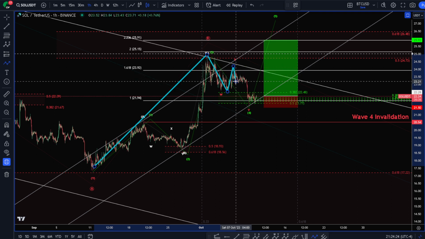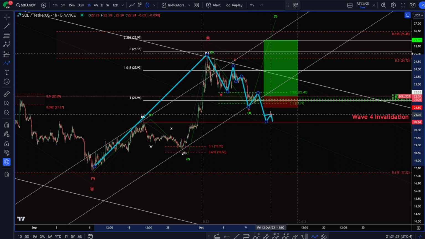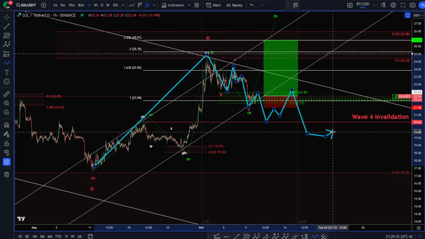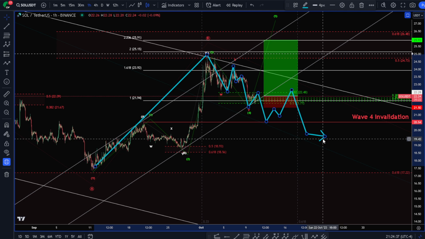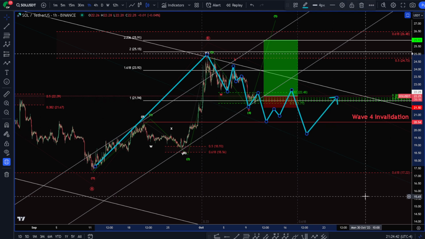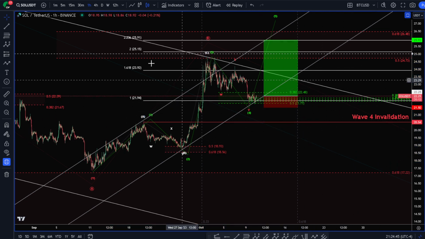Then we had a 1, 2, working on our 3, working on our 4th, 5th for our 3rd wave, come up for our 4th, get our 5th, and that would be our wave 1 of the C wave to the downside, in which case we'd expect us to collapse afterwards, but lots of time to get that entry if that happens.